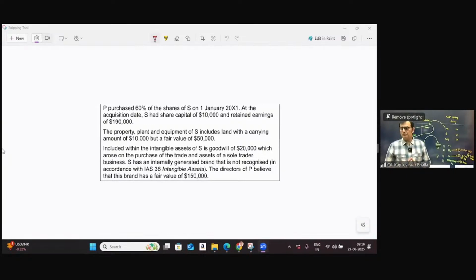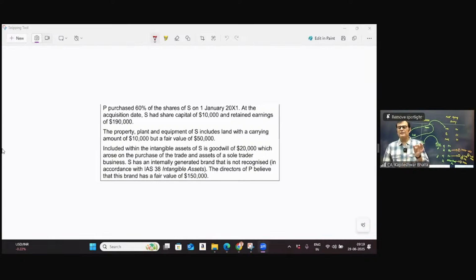It says P purchased 60% shares of S on January X1. I guess a control stands acquired considering a 60% stake. At the acquisition date, the share capital of S and the retained earnings is given. A quick question to you. Is this the net assets on the acquisition date at a book value?